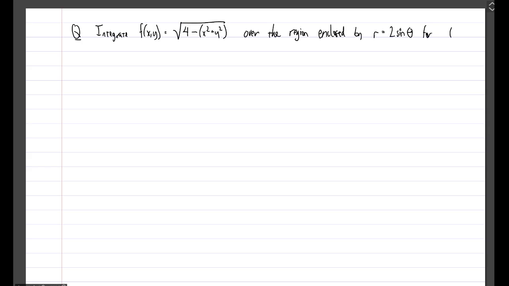I'd like to integrate f of x comma y equals root of 4 minus quantity x squared plus y squared over the region enclosed by r is equal to 2 sine theta, but for which values of theta? For theta ranging between 0 and pi, excuse me.